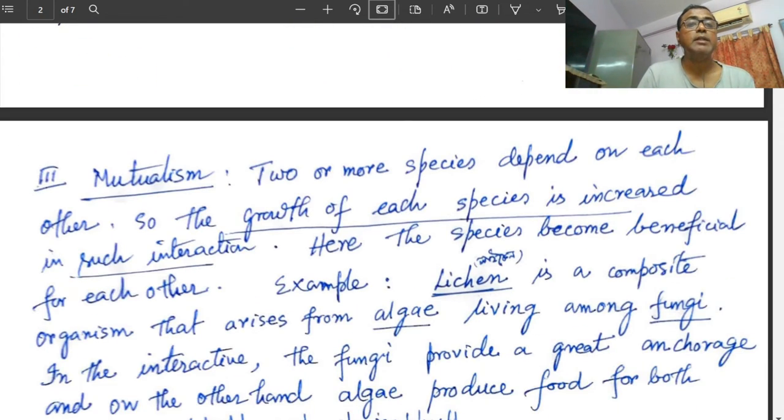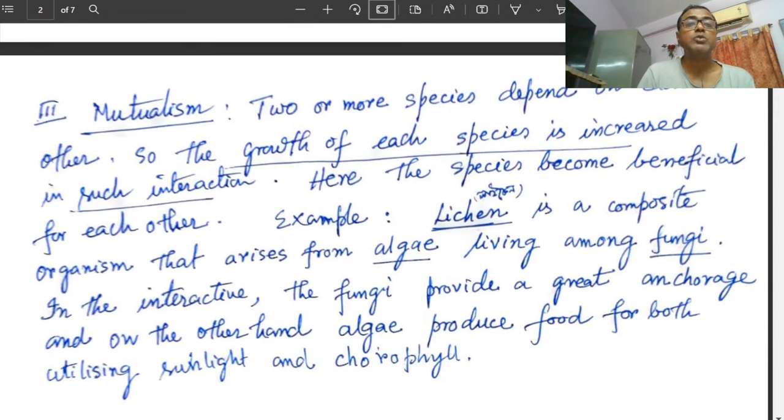And third type is mutualism, where they cooperate with each other. The example is lichen, a type of algae with fungi. These are the three types of population interaction.